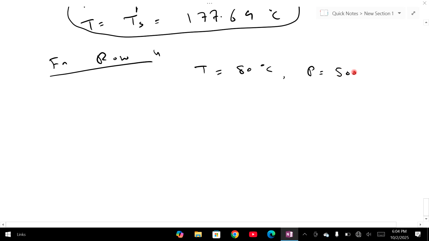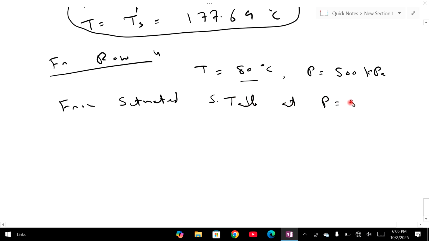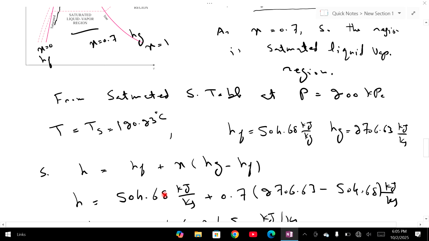First we check whether at 500 kilopascal this temperature is the saturation temperature or a superheated temperature. So from the saturated steam table, at pressure equal to 500 kilopascal, the table is available here.